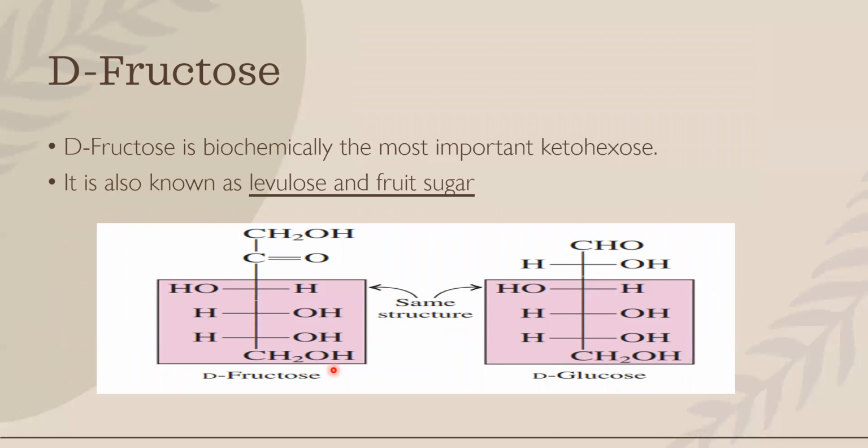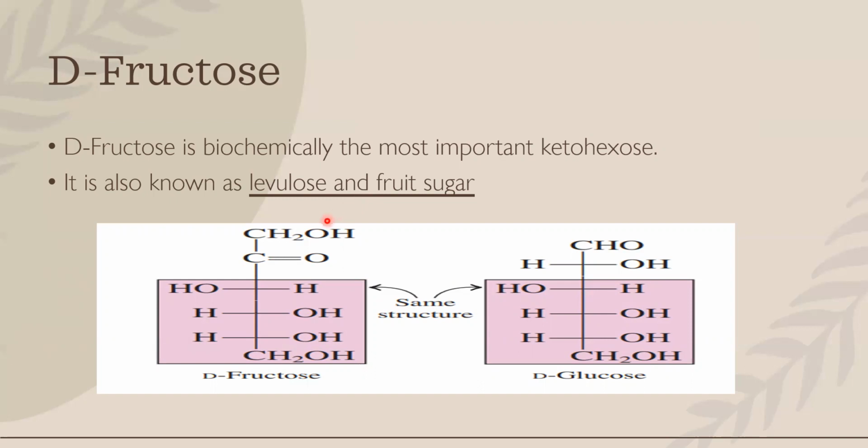Next is D-fructose. This is also a biochemically important ketohexose. D-fructose is also known as levulose and fruit sugar. D-fructose is known to be the sweetest tasting of all sugars. It is found in many fruits, and it is also present in honey, which also has an equal amount of glucose.